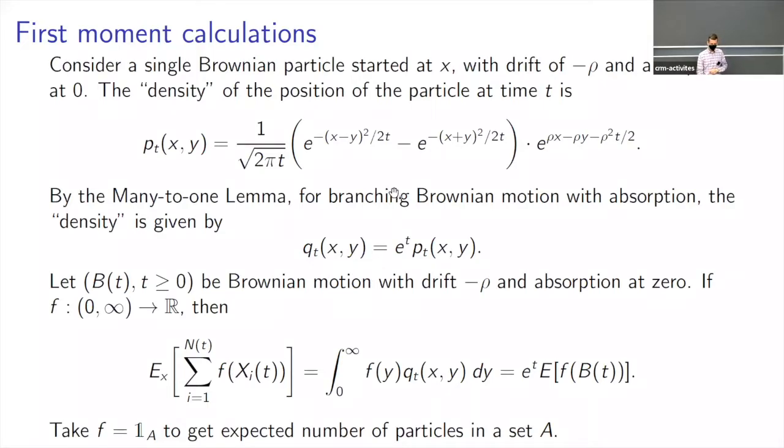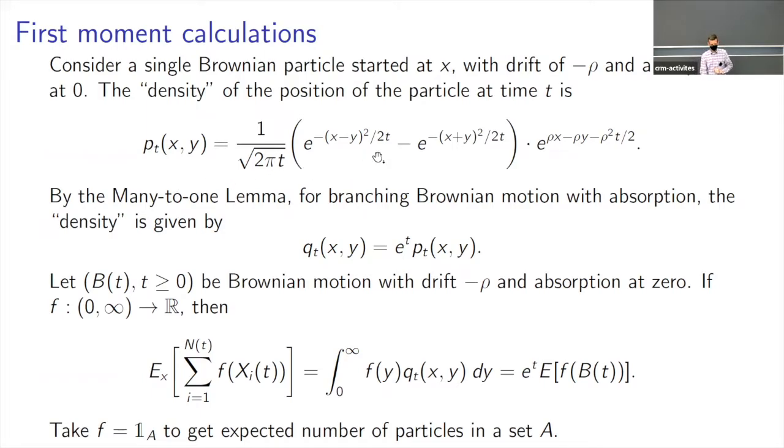So let's consider first just a single Brownian particle started at x with a drift of minus rho and absorption at 0. And then the density for the position of this particle at time t is given by this formula here, where density is in quotes because the integral of this expression is strictly less than 1, since the particle may be absorbed at the origin before time t.